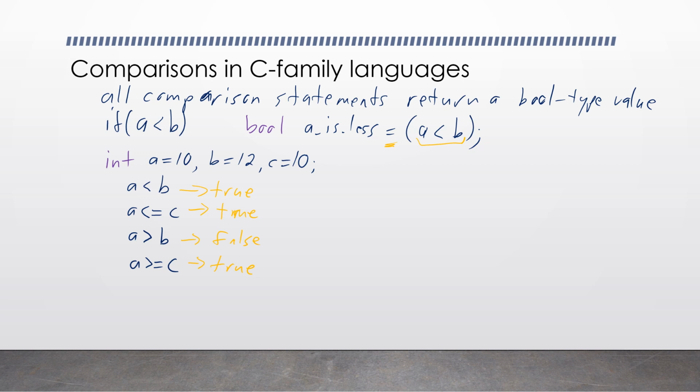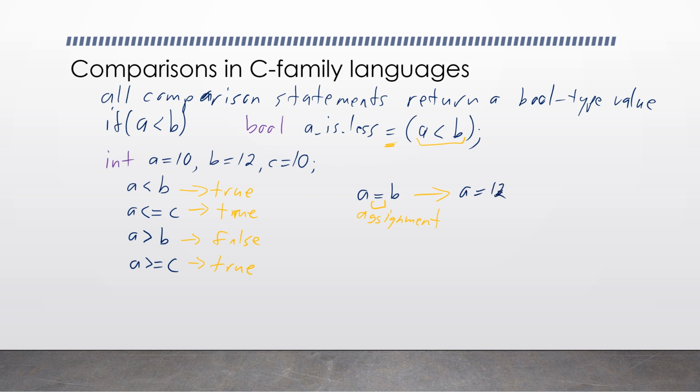What if we want to know if A equals B? Well, it would seem to make sense that we would just write, looking at all these other operators, A equals B, right? Wrong. This single equals is already used as the assignment statement in C++, so this statement has the effect of making A equal 12.